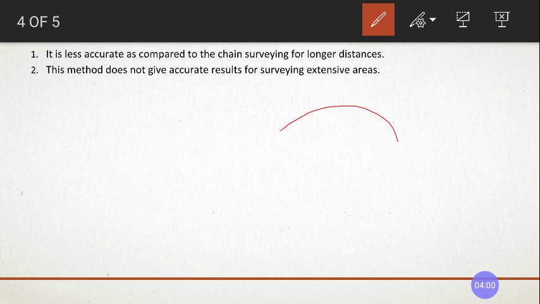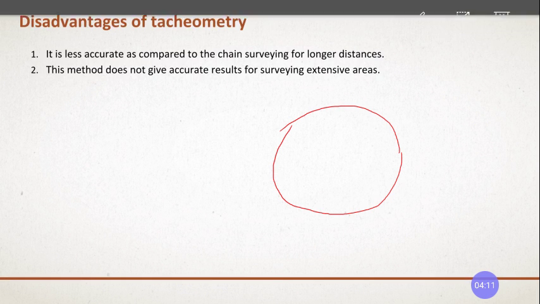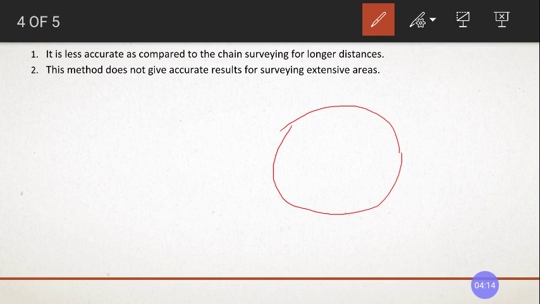This is your telescope, and this is your main vertical crosshair, and this is your horizontal crosshair, right? You might have seen this in the dumpy level and in the theodolite also. In the tachyometer, you have some extra crosshairs like this, one above the horizontal crosshair and one below. If you look through the eyepiece, you will be able to see such crosshairs.